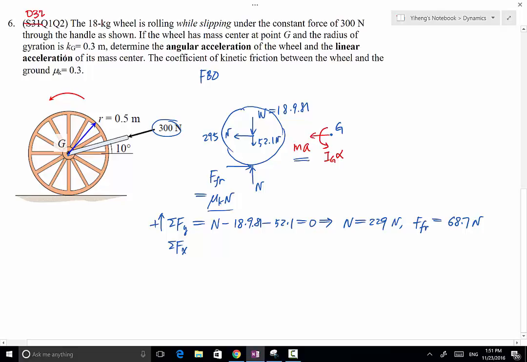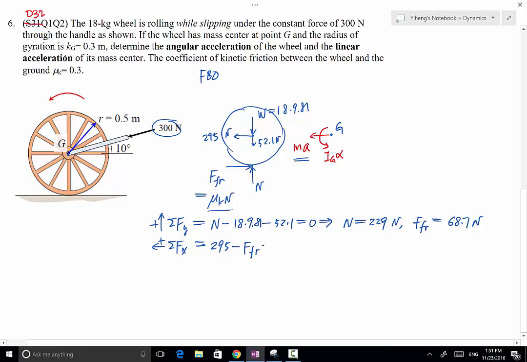And then we sum the forces along the x direction. Because of the way that I drew my kinetic diagram, we're going to say left is positive x. So along the positive x direction, we have this 295 Newton force from the applied force minus the frictional force. We actually already know what it is.